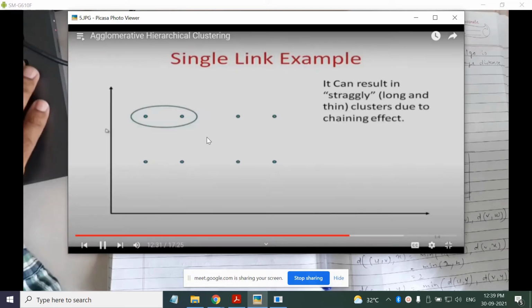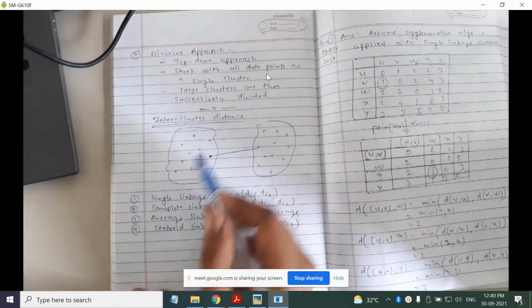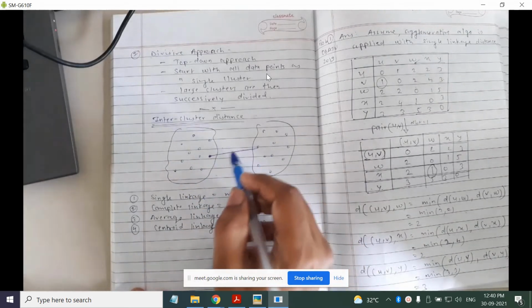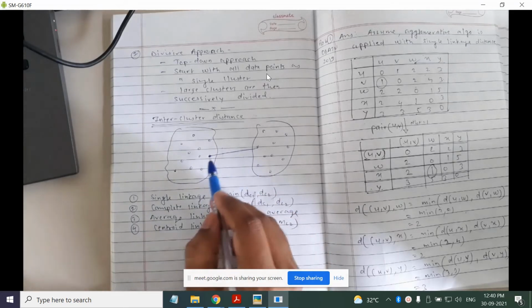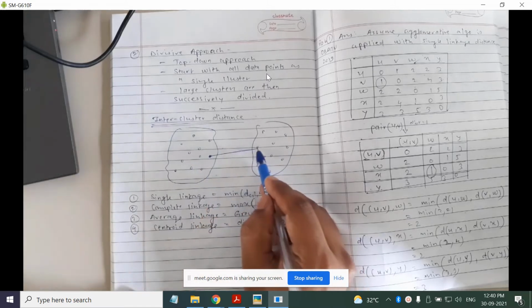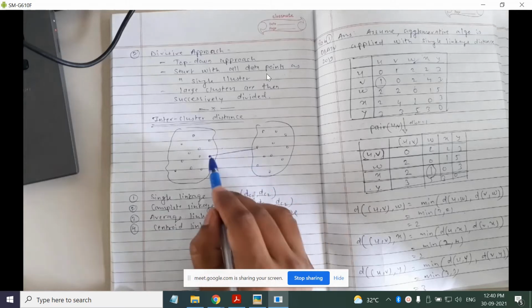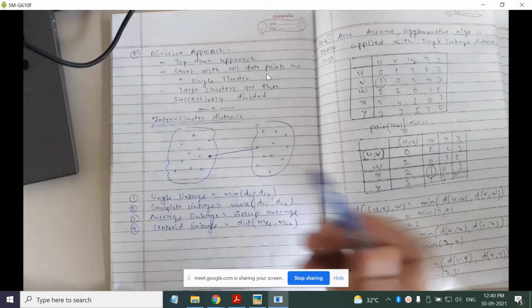Now there is one problem with the single link approach. In single link, these are the two clusters that I want to merge. We find the closest pair, one element from this cluster and another from this cluster, and we update the distance matrix with that distance.